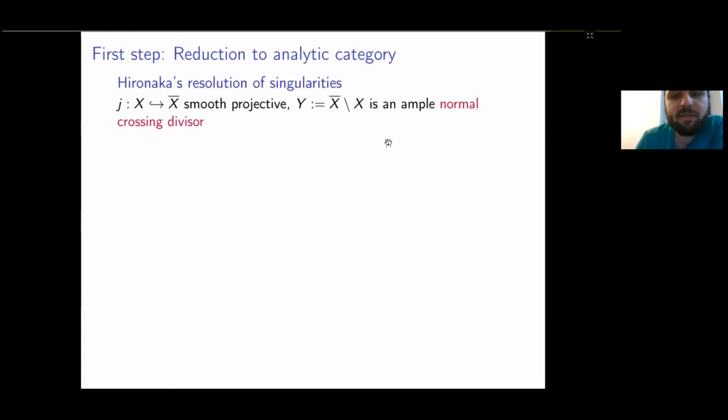So this means that it might be singular, but the singularities that can appear are not so bad. They are as good as possible. More precisely, this means that when we look at each singularity locally, in a small neighborhood the singularity looks like a product of hyperplanes.